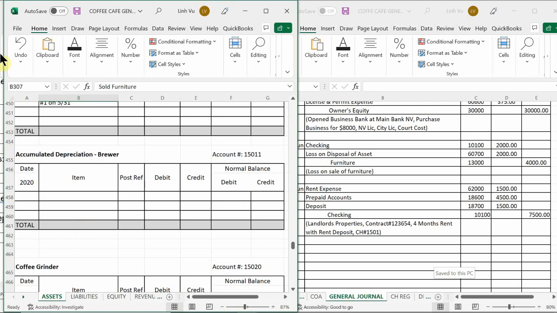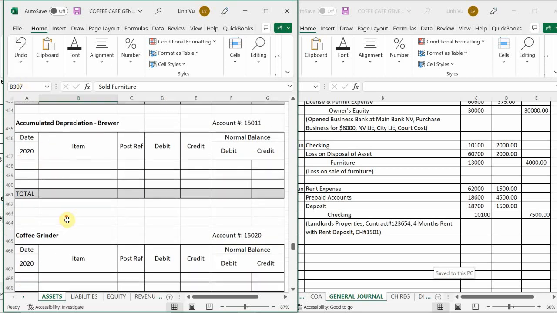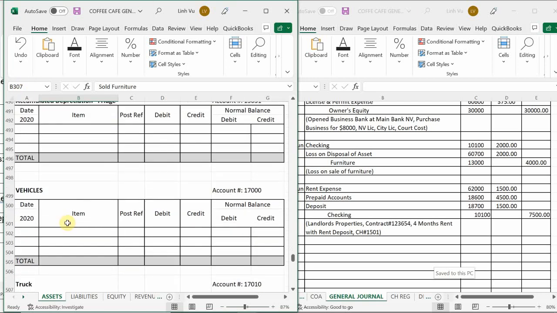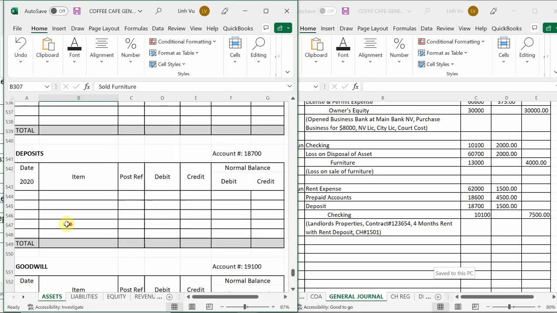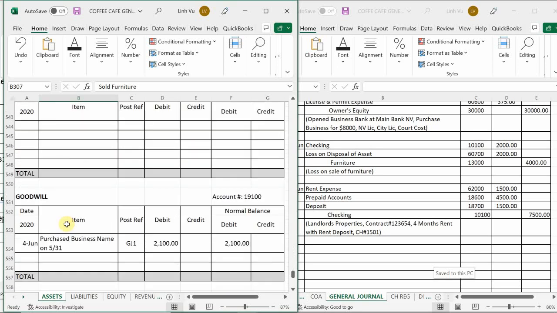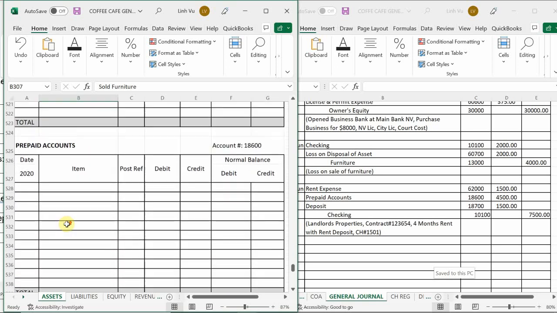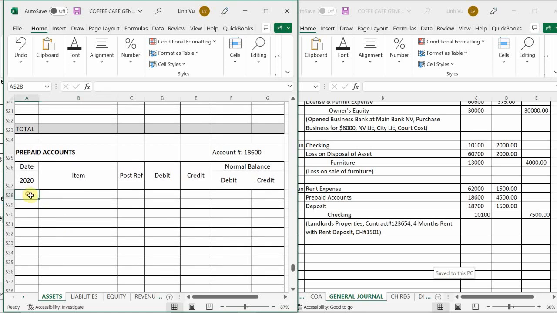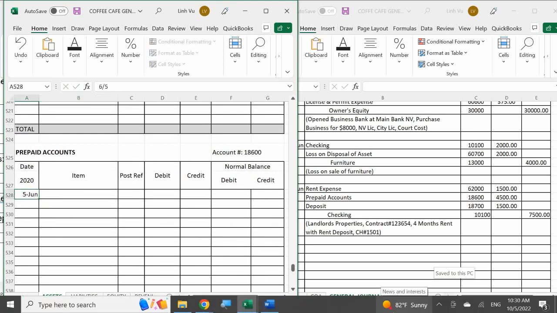So we're going to call this an intangible asset, which we designate as a prepaid account. Okay? So here we are, prepaid accounts. Right? What are you going to say?